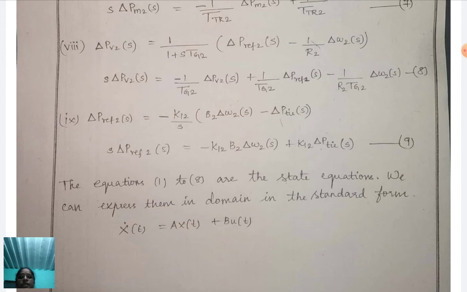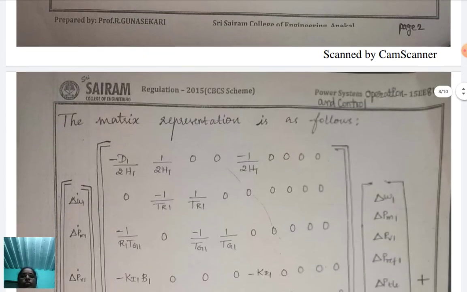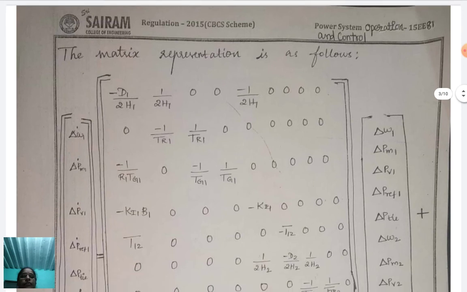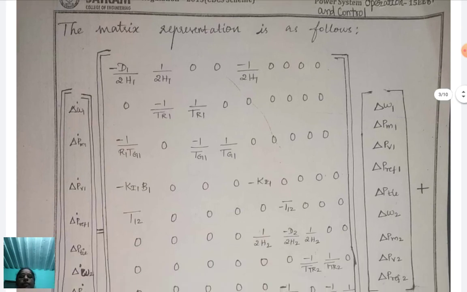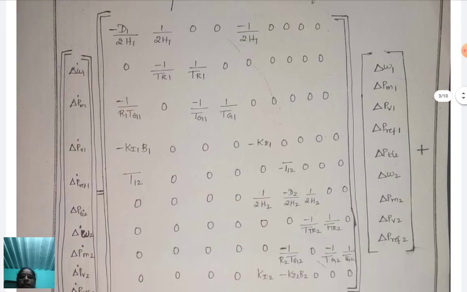We can express them in the standard form, that means x dot of t equals A x of t plus B u of t only. So now the above equations we have to write in the matrix representation.